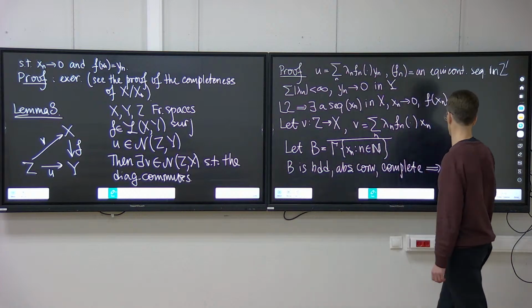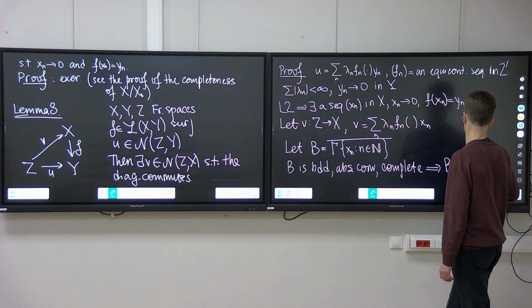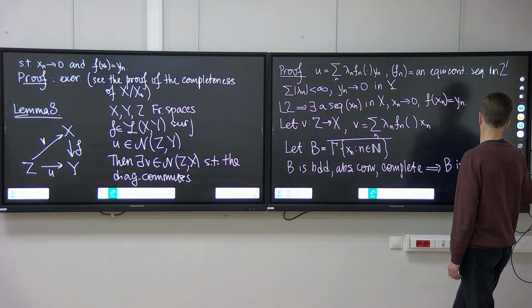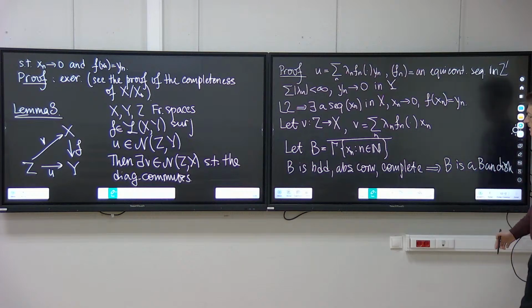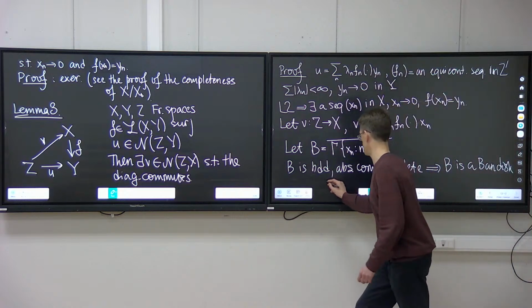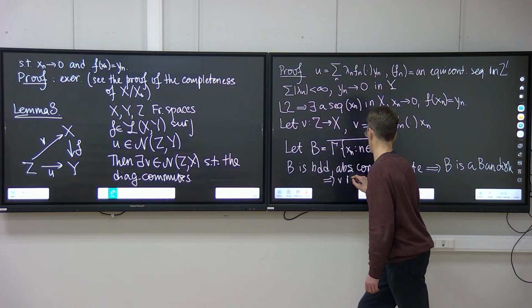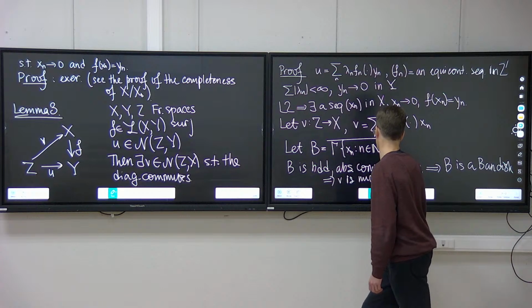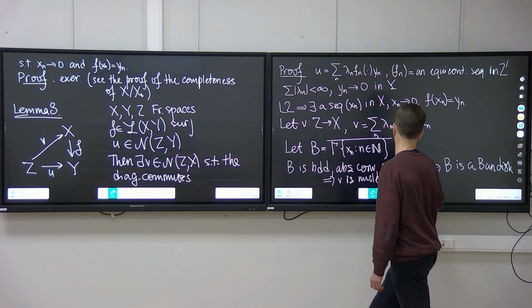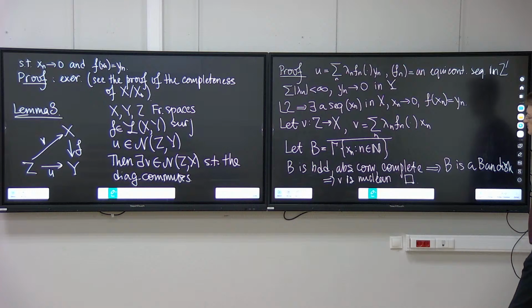So it is a Banach disk. And x_n is obviously contained in B, so we conclude that v is nuclear. And this completes the proof.